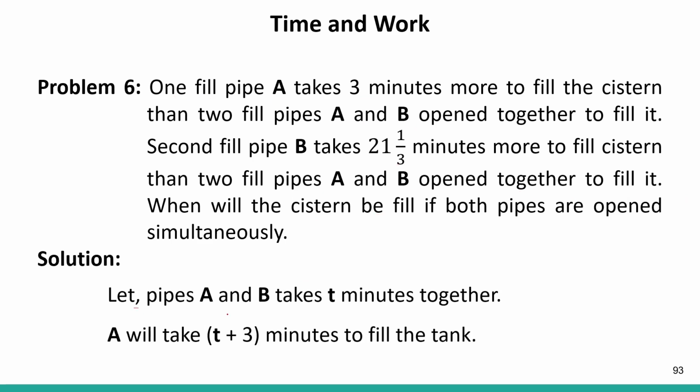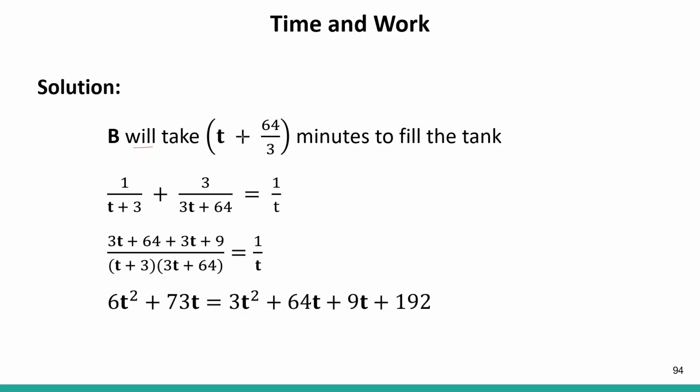So let pipes A and B take T minutes together, right? If pipes A and B together take T minutes, then A will take T plus 3 minutes, obviously, because A takes 3 minutes more than A and B open together. So B will take T plus 64 by 3. You must be wondering where we got this number, 64 by 3.